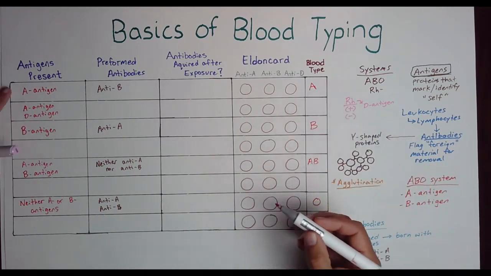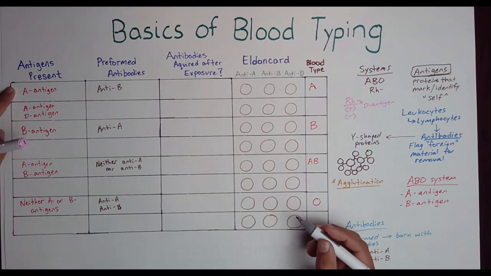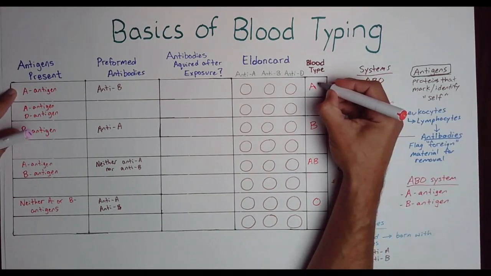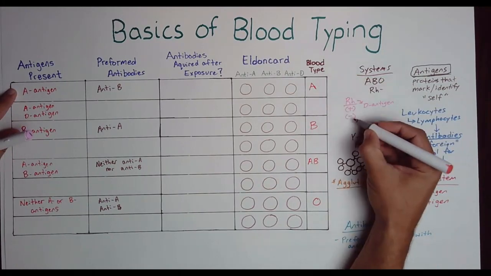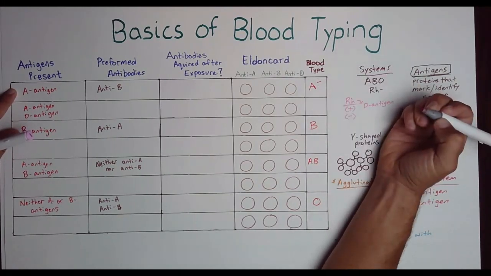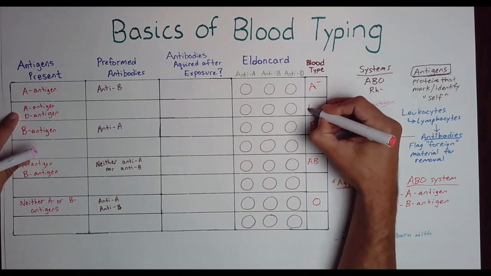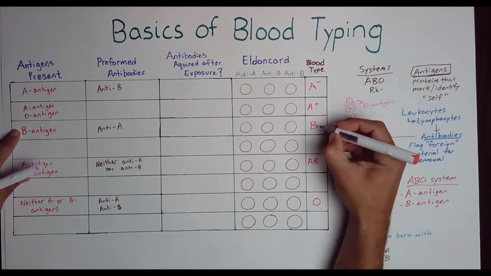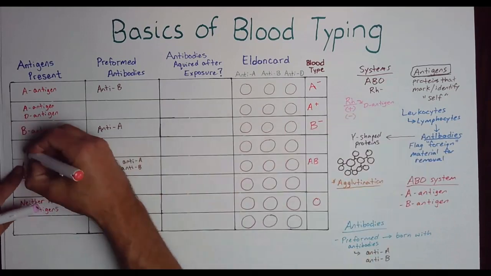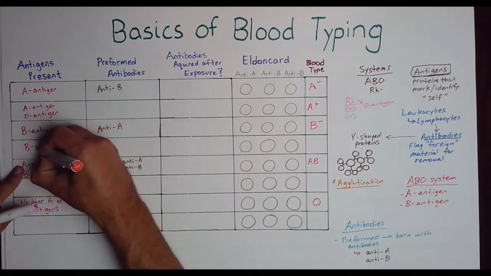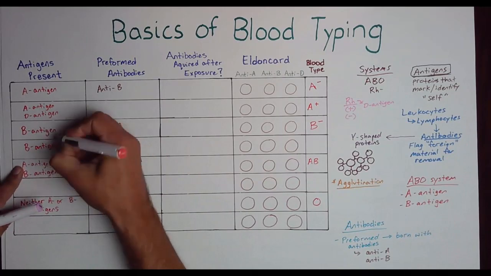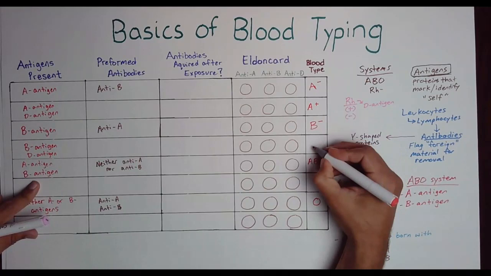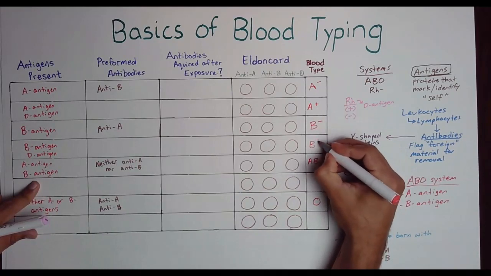So this patient right here does not have the D antigen, therefore they are going to be a minus. So this is a type A minus blood, whereas this one here would be a type A plus blood. This one, if it only had the B antigen, would be a B minus blood. And this one here, if it had the B antigen and the D antigen, this would be a B plus.